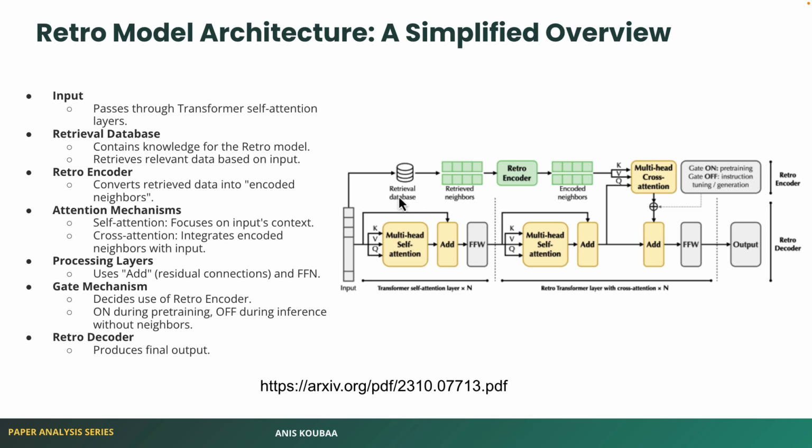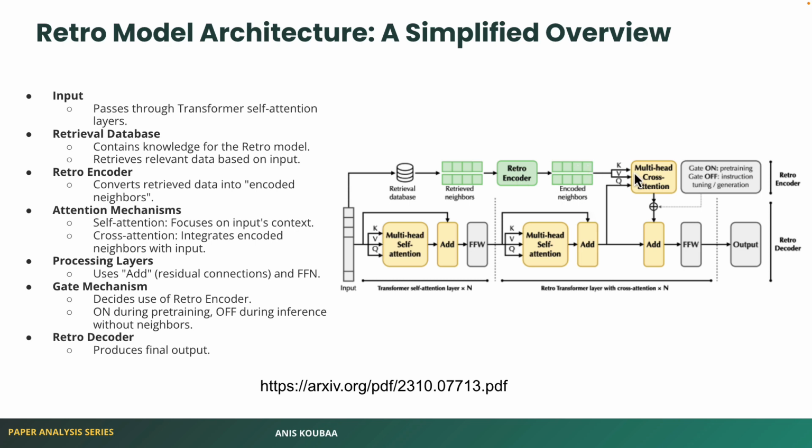Concurrently, we have the retrieval database, which is utilized to fetch relevant neighbors or data snippets corresponding to the input. Afterwards, these retrieved neighbors are encoded by the Retro encoder and translated into a format suitable for further processing, and here we have the encoded neighbors.